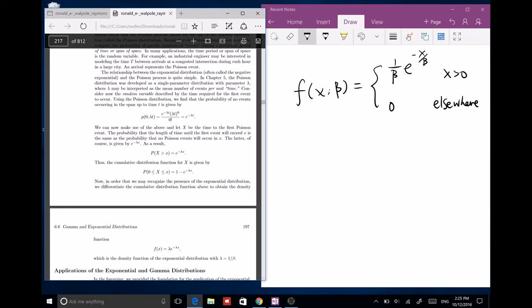Let's look at an example of a Poisson distribution and exponential distribution. For example, the number of newborn babies in a hospital follows a Poisson distribution. If every hour three babies are born, lambda equals 3, three babies per hour.